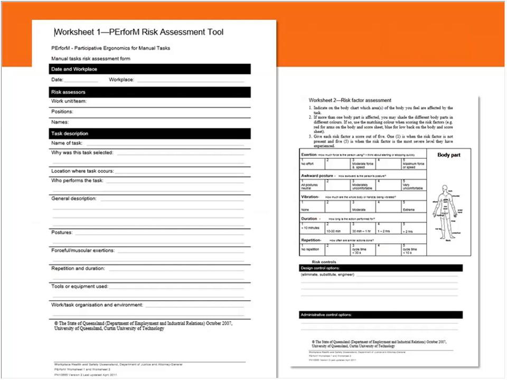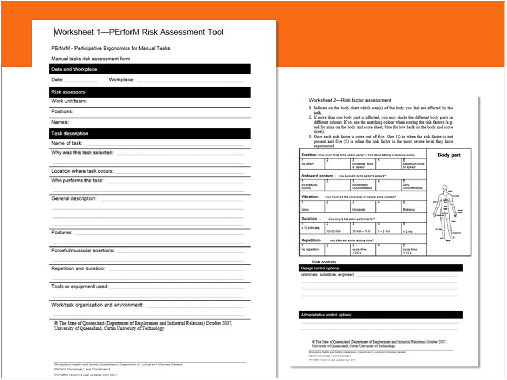It is very simple to use, and you can see some of the things that you need to start with on worksheet 1. I also want to highlight, when you use this worksheet in the Perform process in your workplace, the really important thing is that it's all about the discussion and the input that the workers are having. Don't get hung up too much on how accurately it's being done.